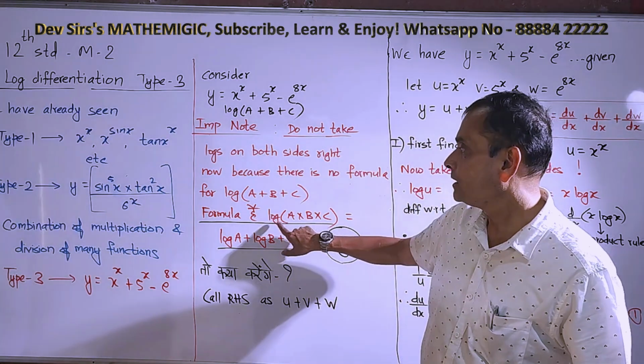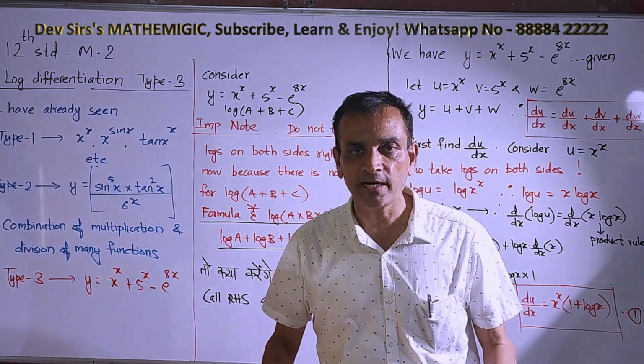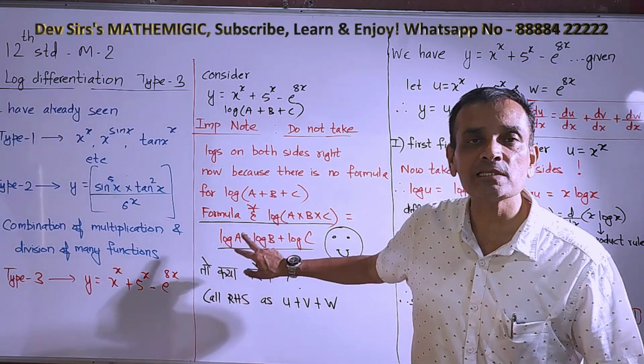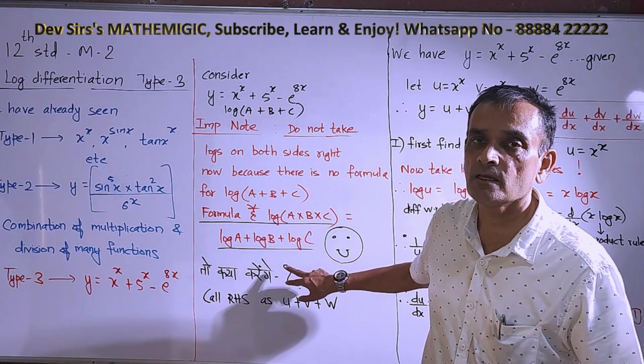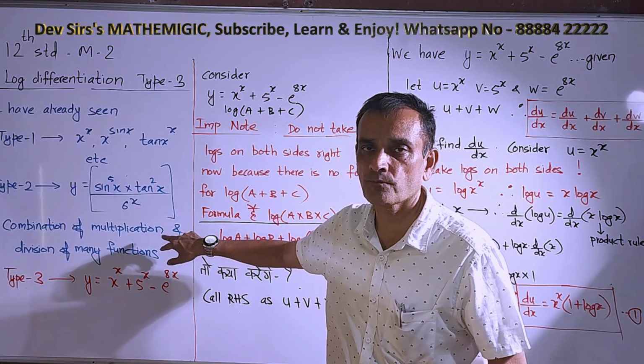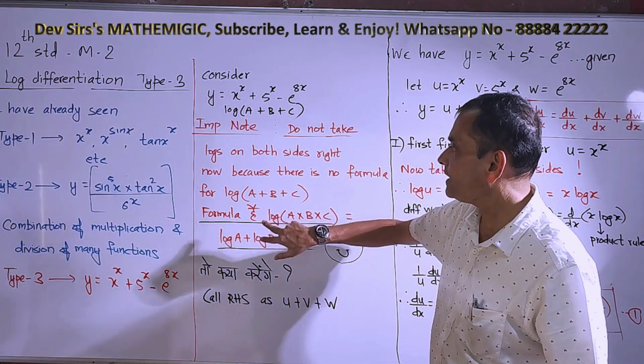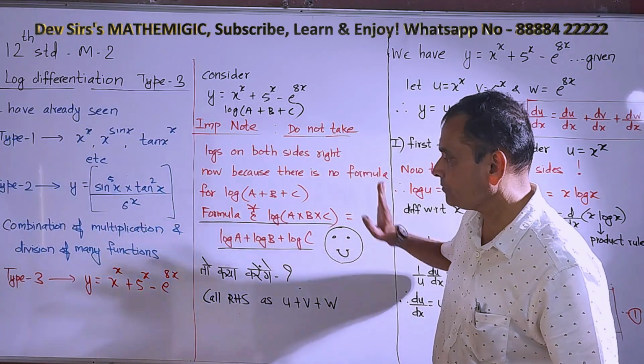Look again. If you have log of a into b into c as we had yesterday, then it is log a plus log b plus log c. Like this, a into b upon c. Then rules of logs are okay. But यहाँ पे कुछ नहीं कर सकते, right?